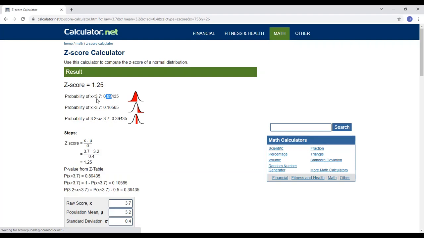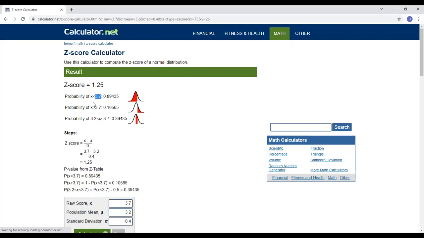I'm sorry, this is bigger. This is less than. So did I put 3.7? Yeah, so I said something wrong. This is less than. When it says at least, I think there's an issue here, because this is the probability of the scores that are less than 3.7.